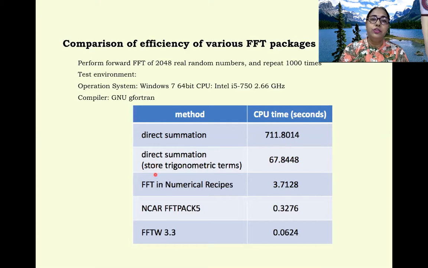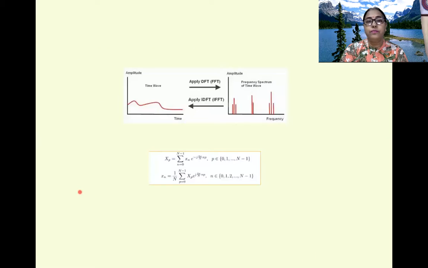Discrete summation with stored trigonometric terms, 67.8448 seconds. FFT Numerical Recipes, 3.712428. NCAR FFTPACK 0.3276 and FFTW 3.3, 0.0624. This shows, as we go from DFT to FFT, how much time saving there is in computation.